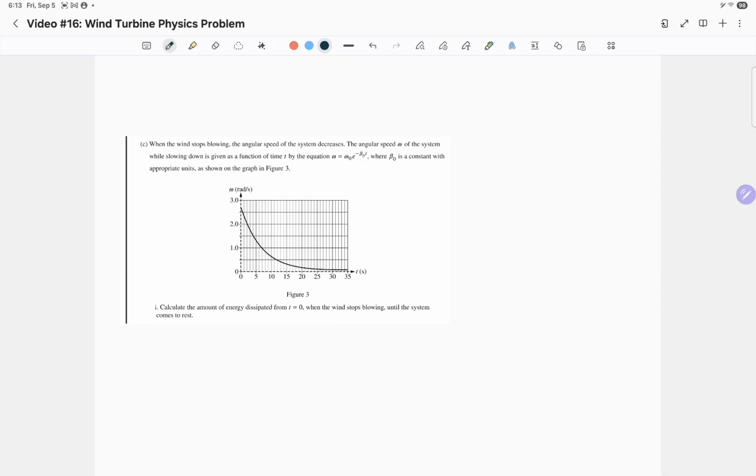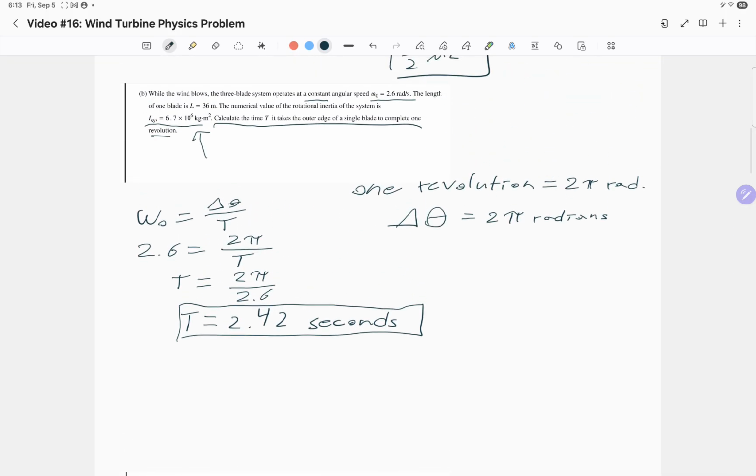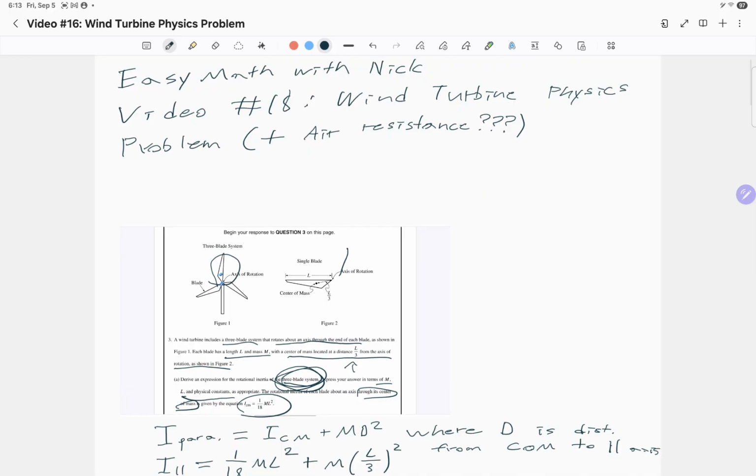There is no linear kinetic energy, or translational, however you want to put it, because the wind turbine's only rotating. It's not moving in any other direction.